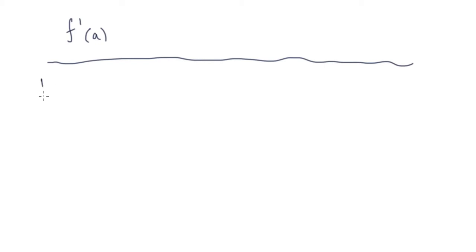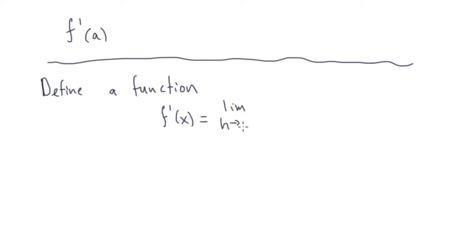Okay, so what we're going to do now is define actually a new function. So define a function f prime of x. Now here x is a variable, but the function is just going to be this limit of this difference quotient, f of x plus h minus f of x all over h.